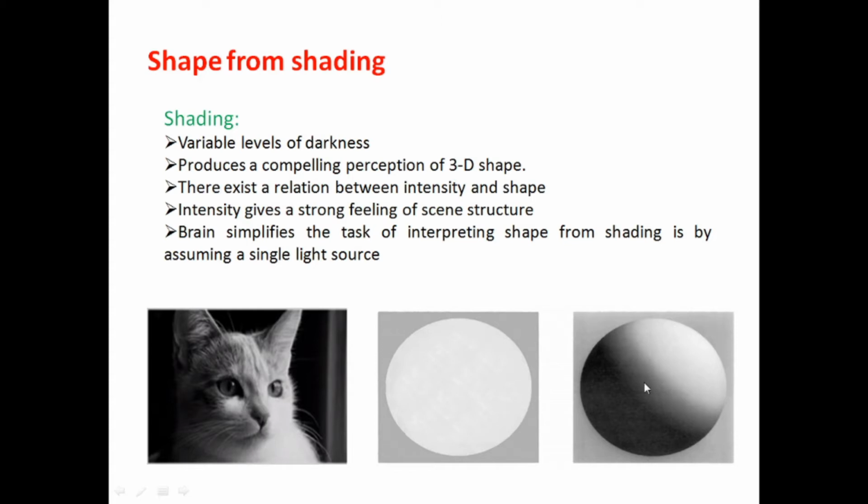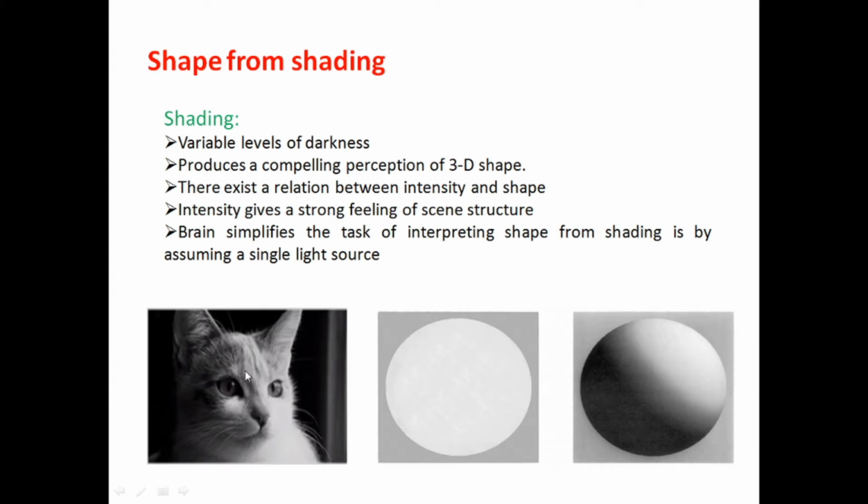The intensity levels exhibited by this object are not uniform, which gives me the perception that it is a 3D object, right? I cannot get the same perception from this image, but when compared to this image I can have a 3D kind of perception. Here also, in the first image I have a cat.